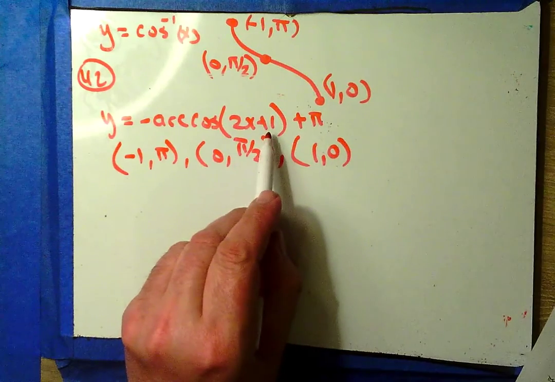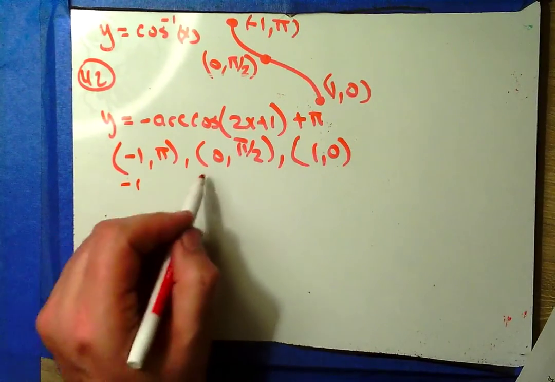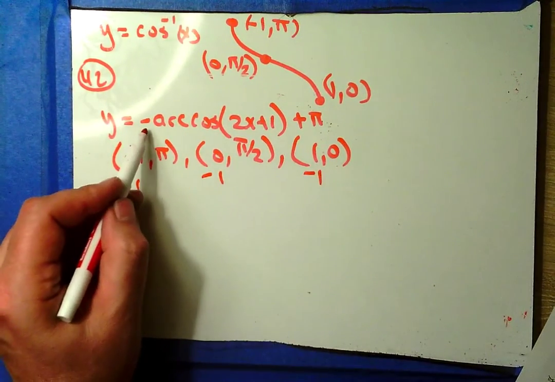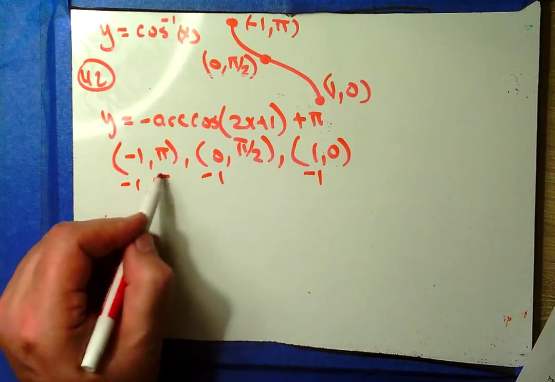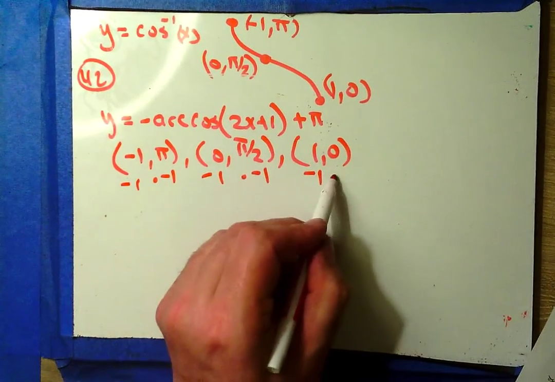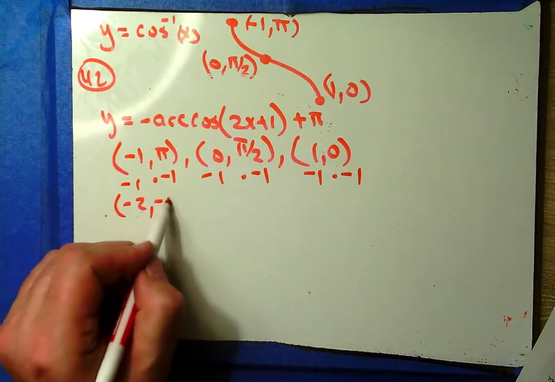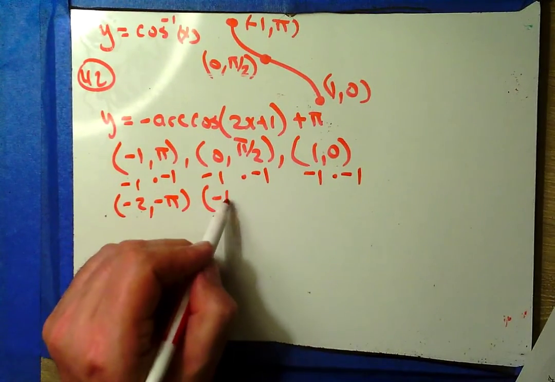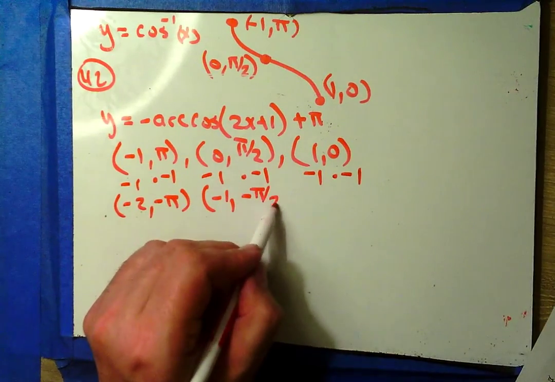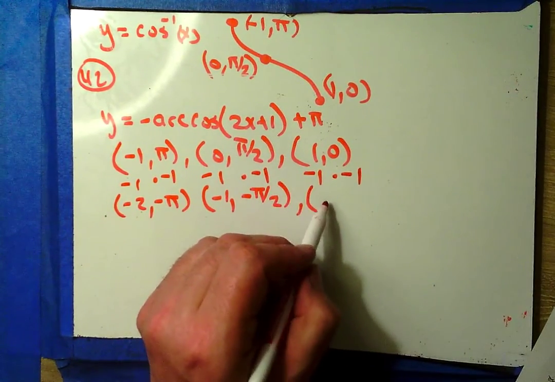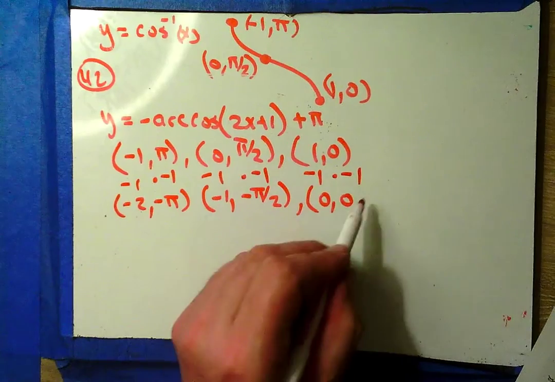I start by subtracting 1 from the x's and multiplying the y's by negative 1. That gives me negative 2, negative pi; negative 1, negative pi over 2; and 0, 0.